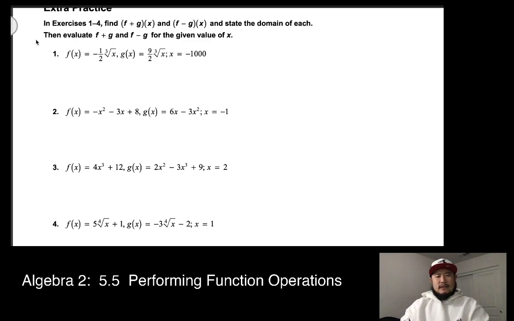We'll put the first function down, and we have negative 1/2 cube root of x.